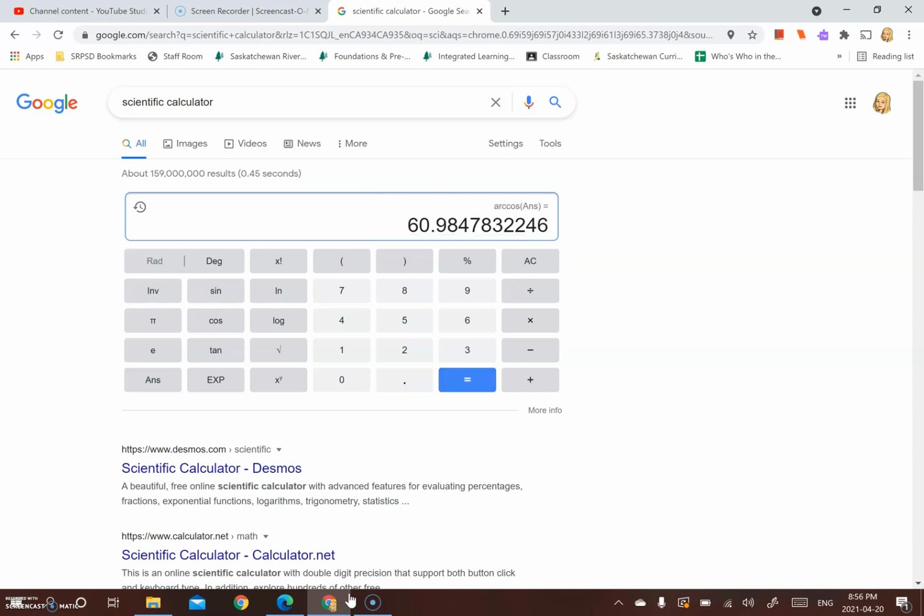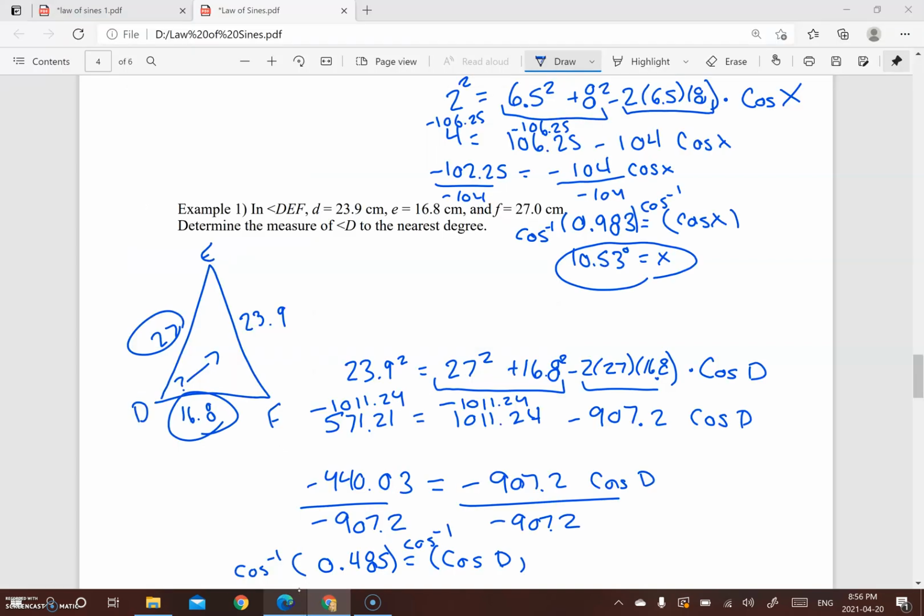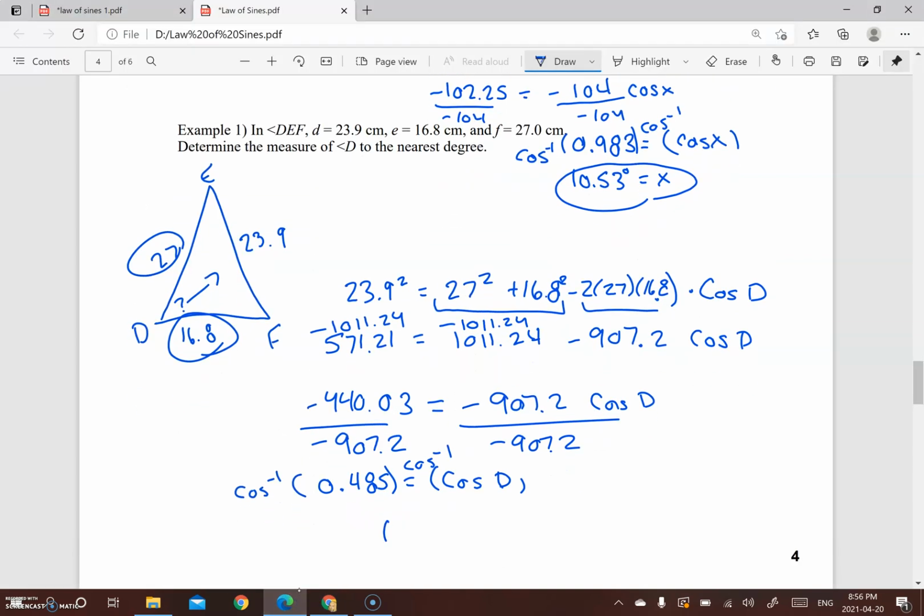And the answer is 60 point, we're going to round that to 61. There's your angle.